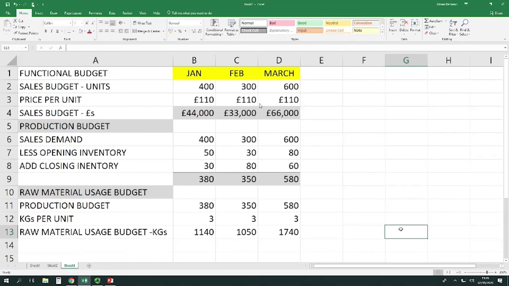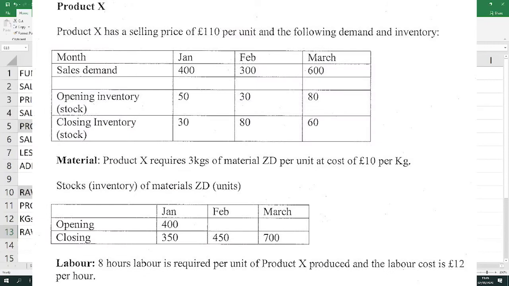Do we need to buy all of this? This would depend on how much we already have in our storerooms. So the same process as we used in the production budget, we're going to apply the same equation to raw material. If you look at raw material inventory, we have 400 kgs in January at the start.